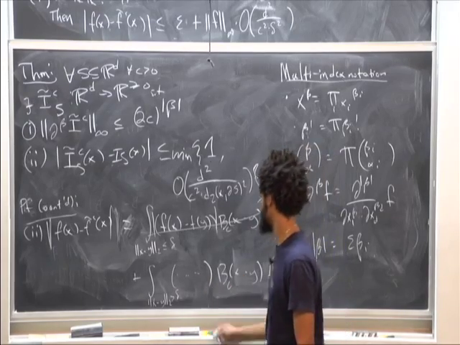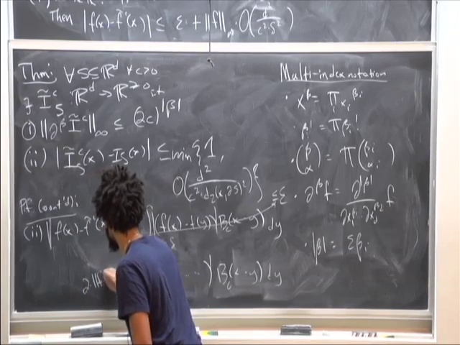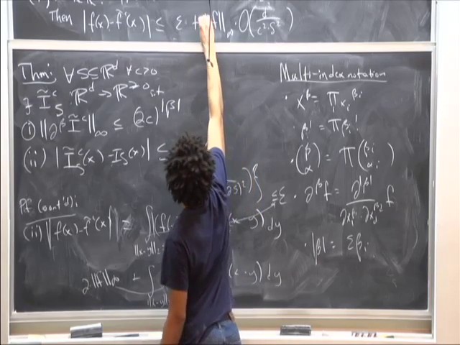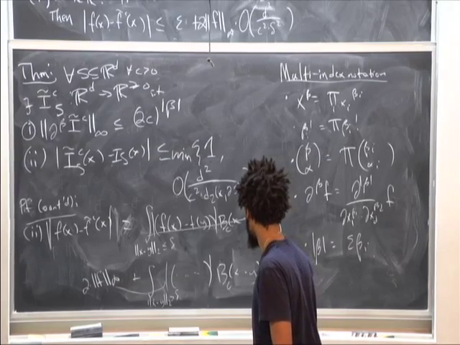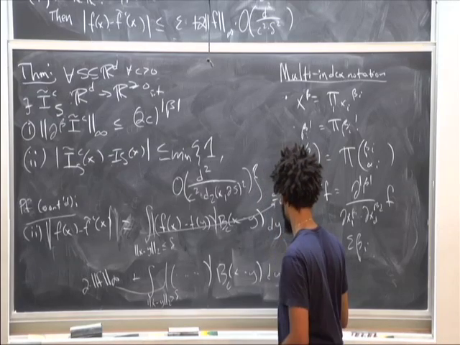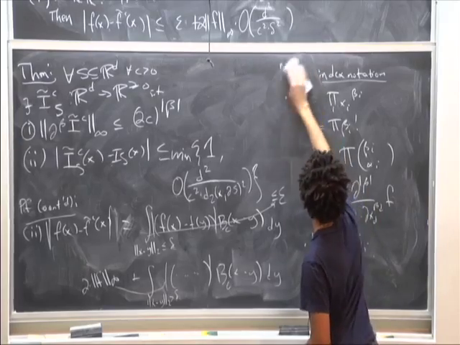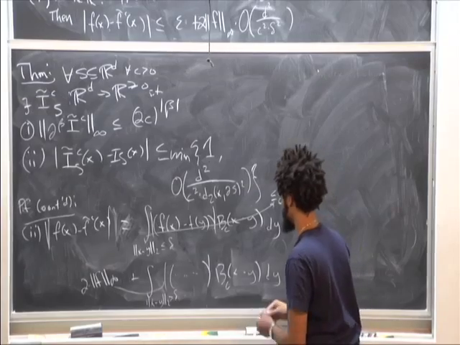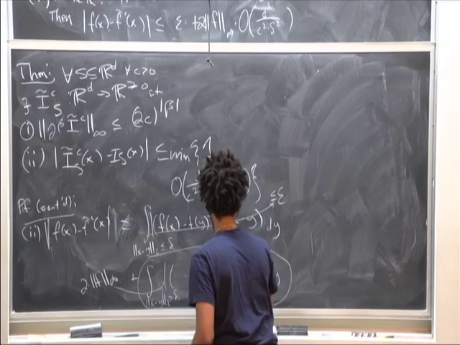And then down here, you can pull out 2 times f infinity. So there should really even be a 2 there. Well, okay, there's a big O there, so it doesn't matter. And then now, this thing here, we call this star.